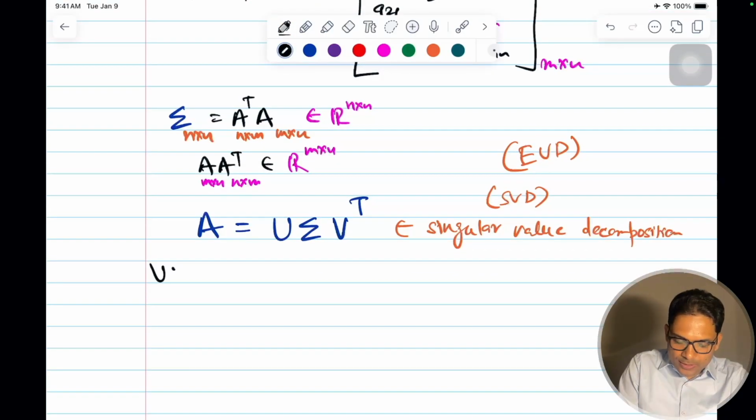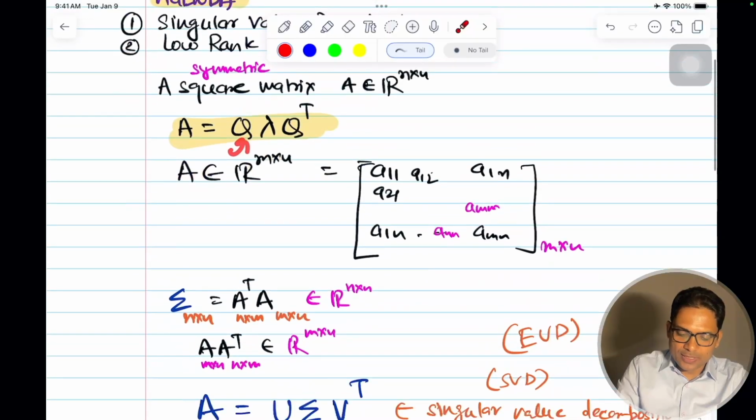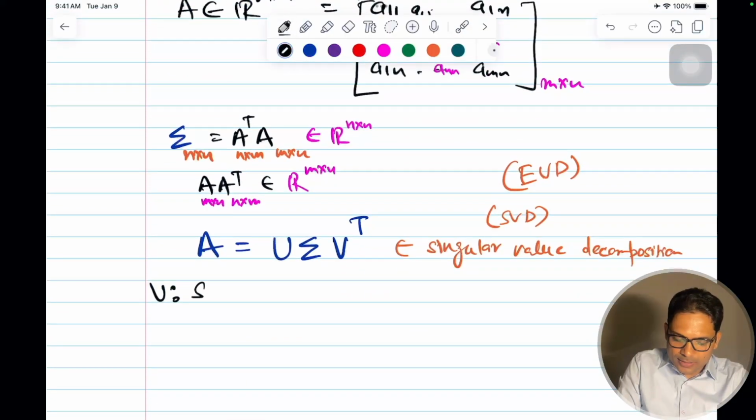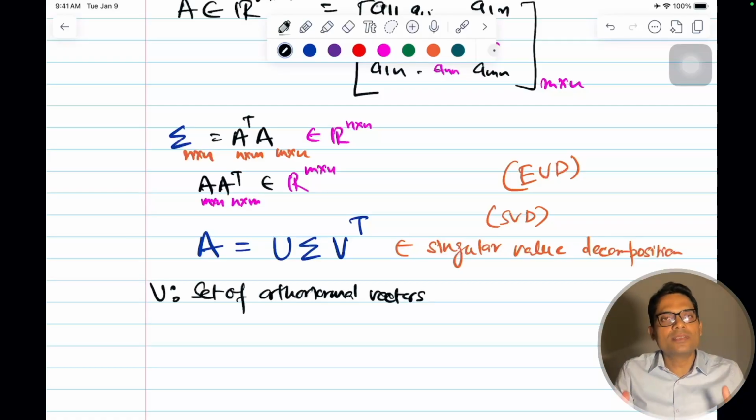Your U is nothing but the set of all the orthonormal vectors, as it was the case for Q. Anyways, for distinct values, the eigenvectors will be orthogonal to each other, but we have to normalize them by dividing by their length. That's how they will become orthonormal, unit length.